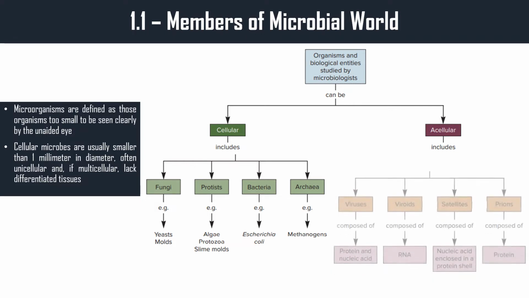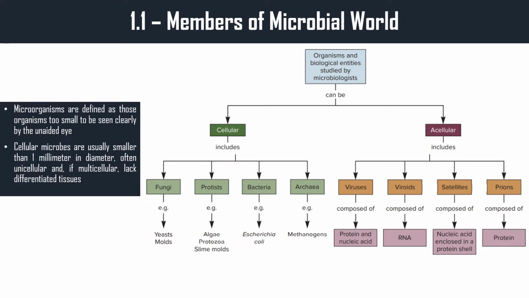Acellular organisms include viruses, which are composed of proteins and nucleic acid, viroids, composed of RNA, satellites, composed of nucleic acid enclosed in a protein shell, and prions, which are composed of proteins. We're going to look at each of these in detail in this video.